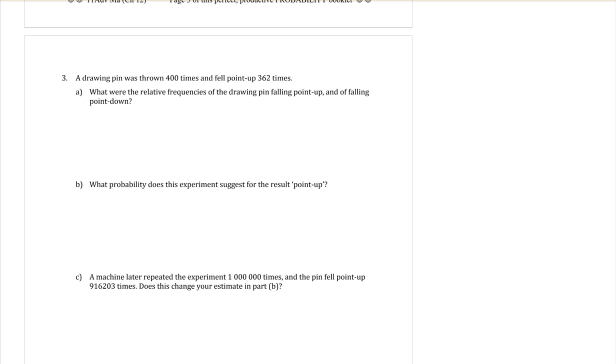Relative frequency is really the same as finding a probability. Okay, so there's 2 scenarios that we want here. We want the relative frequency of point up. Point up was 362 times out of the 400.